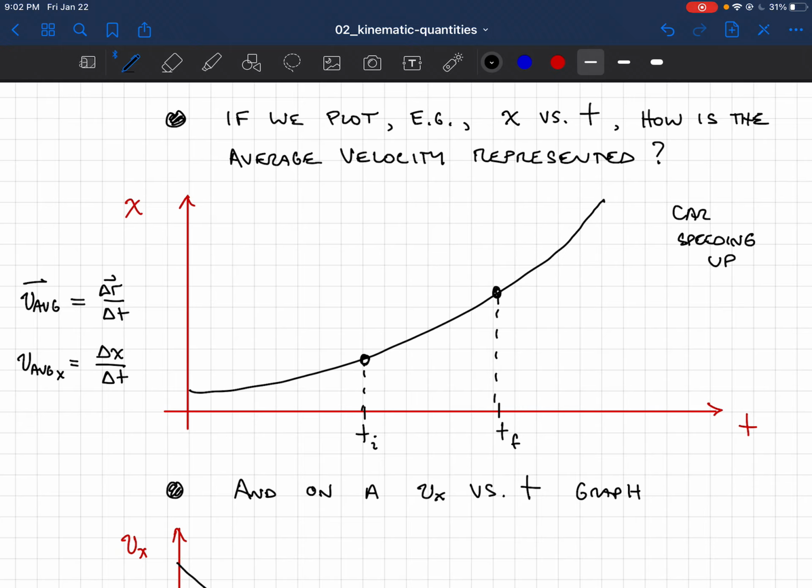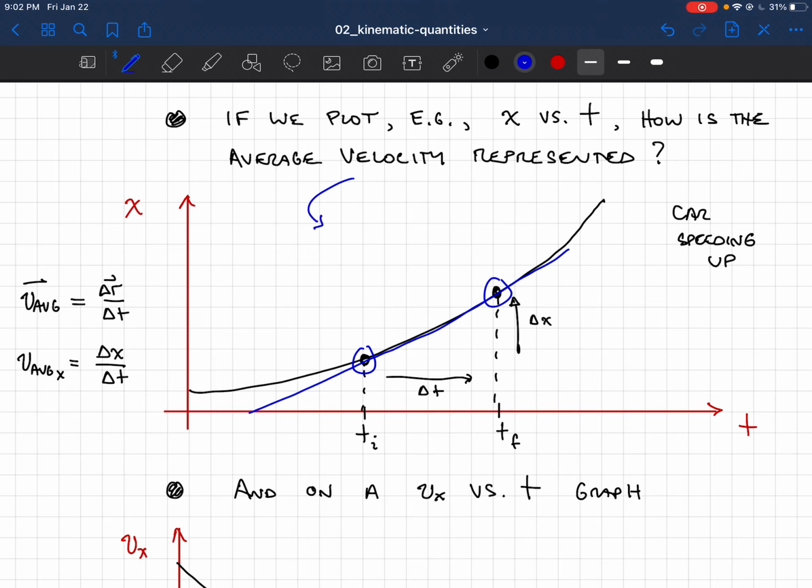And delta x over delta t here is just the slope, right? This is delta x, and this is delta t. So v average is going to be the slope of a line that connects the 2 points.